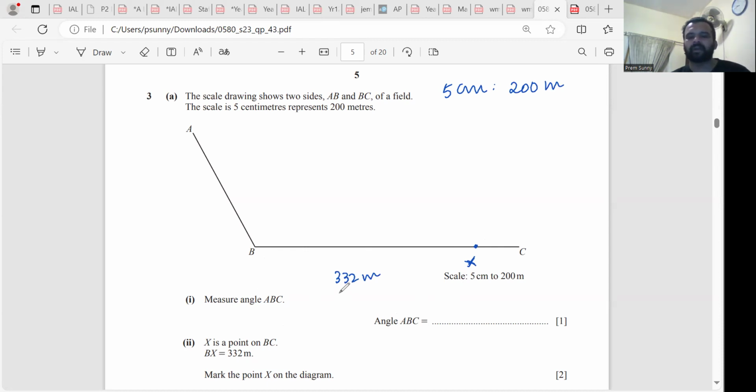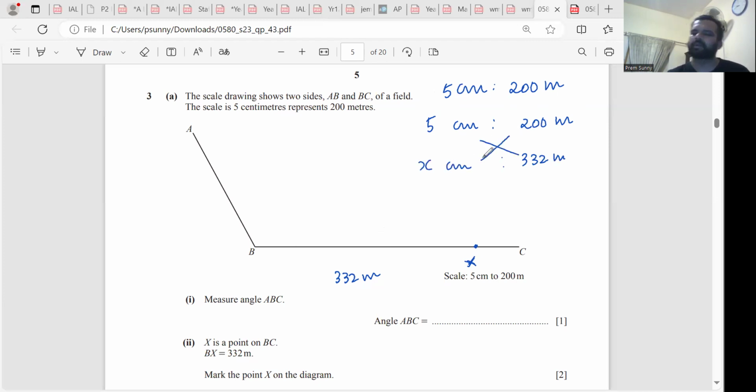So we need to find out its actual drawing. When we draw this on this diagram, what will be the length of BX? So 5 centimeter represents 200 meter. So basically 332 meter will be representing X centimeter.